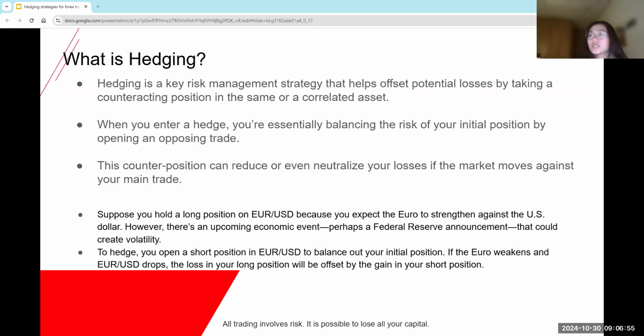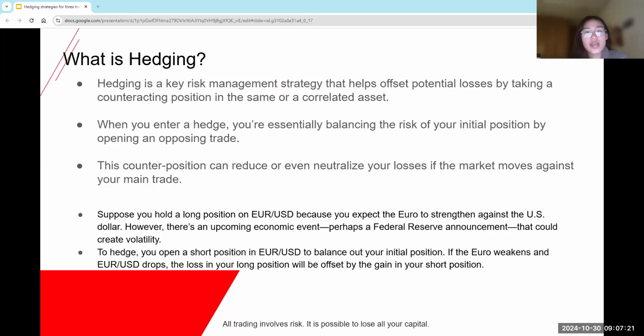So the example I have here is, suppose you are holding a long position on the euro dollar because you expect euro to strengthen against the US dollar. However, there's an upcoming economic event, perhaps a Federal Reserve announcement, that could create volatility. So to hedge, you open a short position in euro dollar to balance out your initial position.